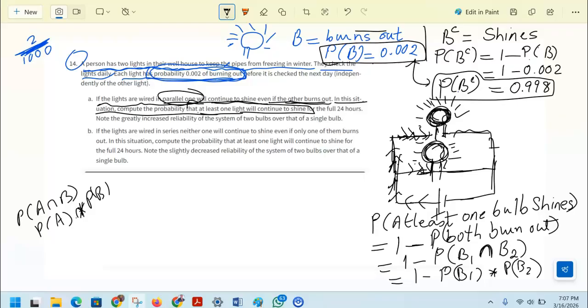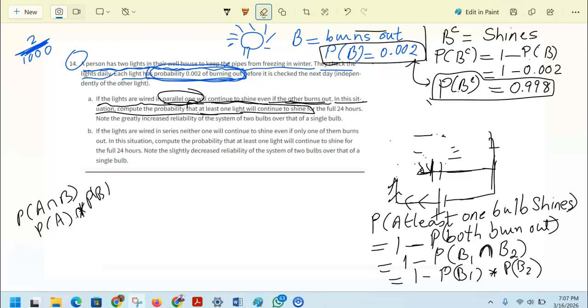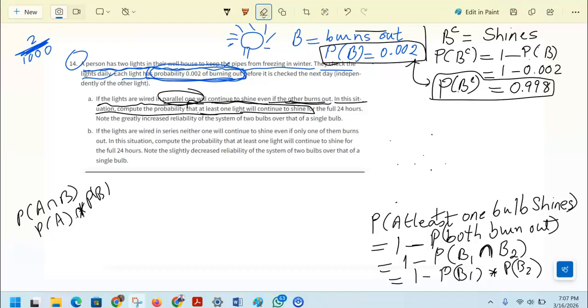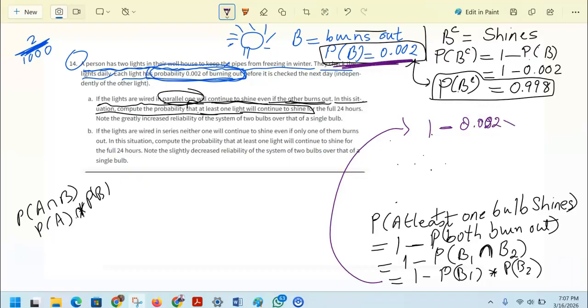I don't have enough room there, so let me clean this up and write the answer here. This visual helps to understand. Let's plug it in. It is 1 minus the probability of the first bulb, 0.002, times the second one, 0.002.